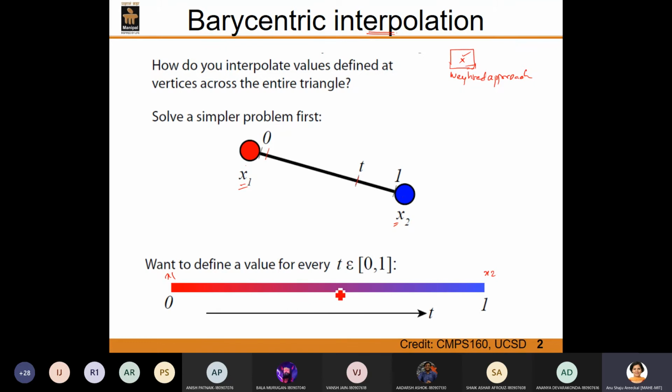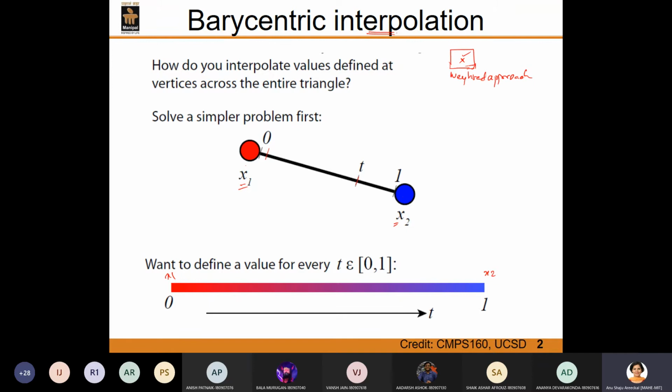As it reaches T equal to 1, it is fully blue. This is the kind of variation in pixel intensities you will get when varying T across 0 and 1.